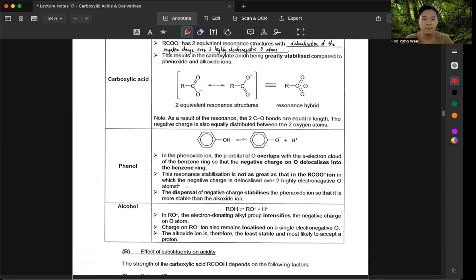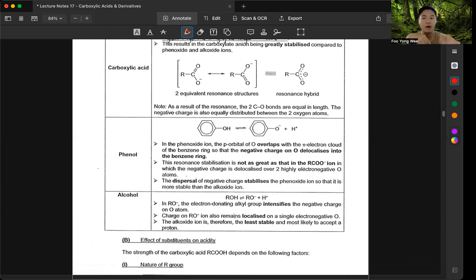Now, in the phenoxide ion, the bond here is formed between the p orbital of O and the pi electron cloud of the benzene ring. So this overlapping is good. With this good overlapping, it allows the negative charge of the O to delocalize in the benzene ring successfully.